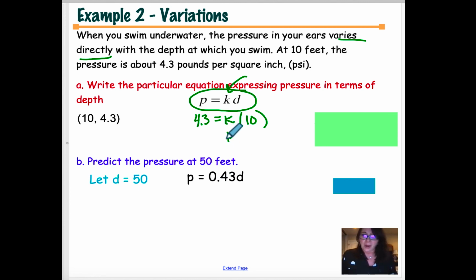And so my constant, or my K, is going to be 4.3 divided by 10, which is, move the decimal over, 0.43. So that's my K value. And now that I have my K value, I have my equation. It says write the equation, and that's all I had to do.